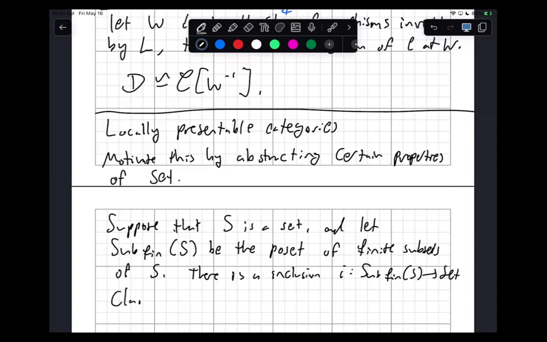And then the claim is that S is the colimit of this diagram.